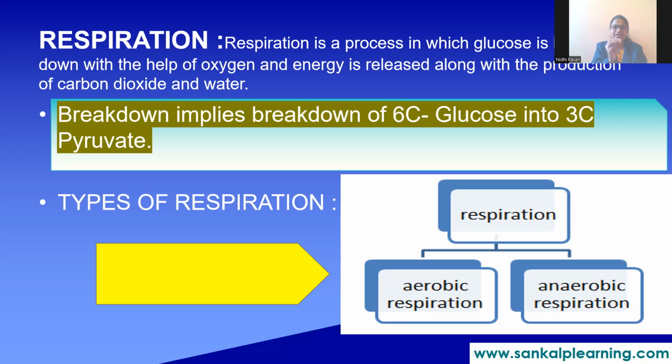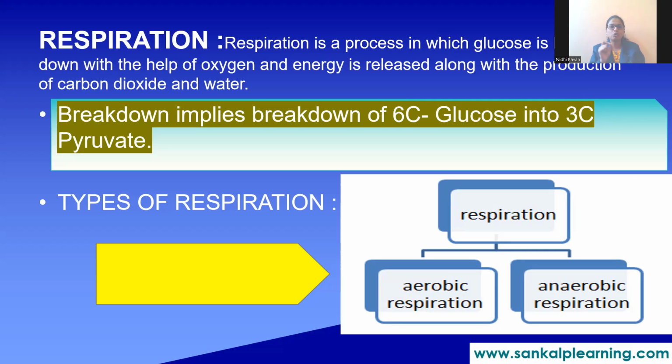This breaking down of simpler molecules, take glucose, is called respiration. The glucose may break down in presence of oxygen or in absence of oxygen. Based on that, we have two types of respiration, aerobic and anaerobic respiration.